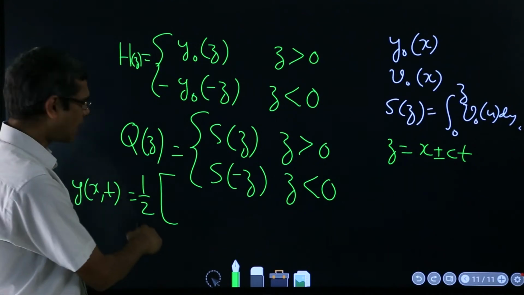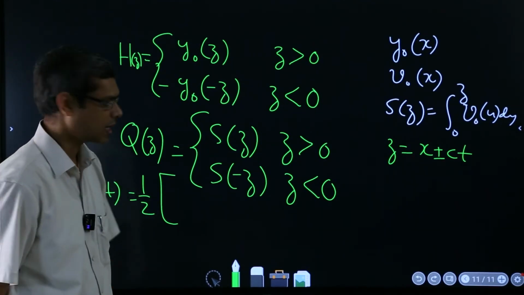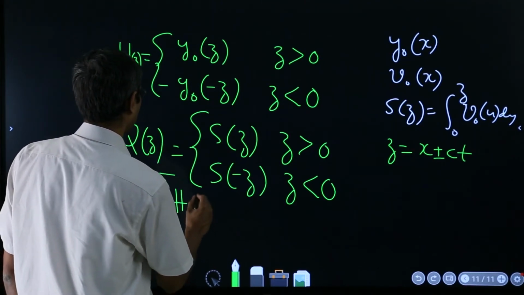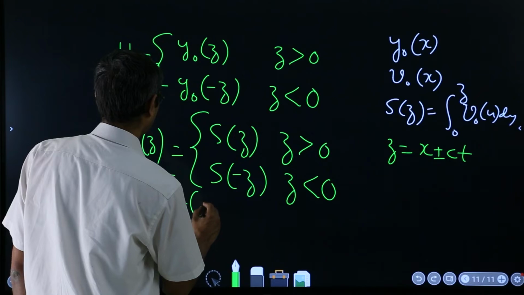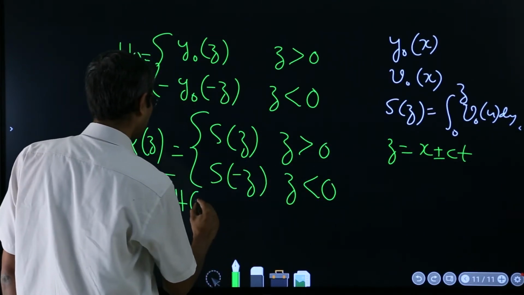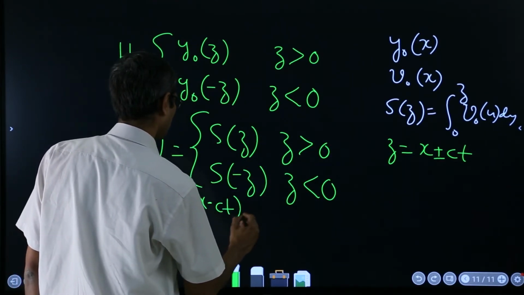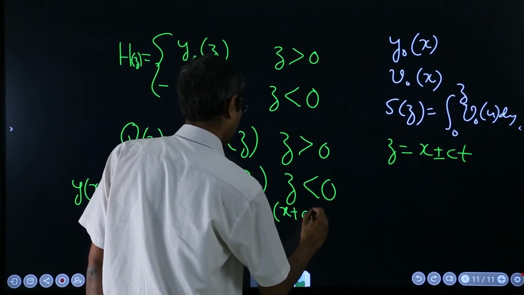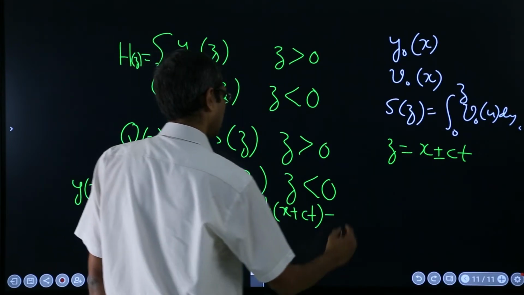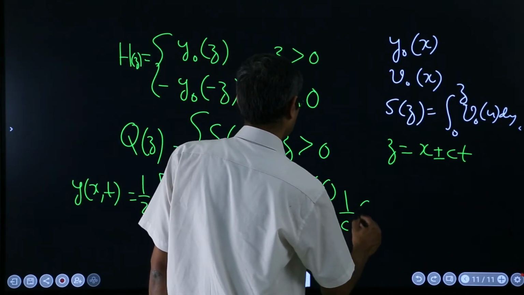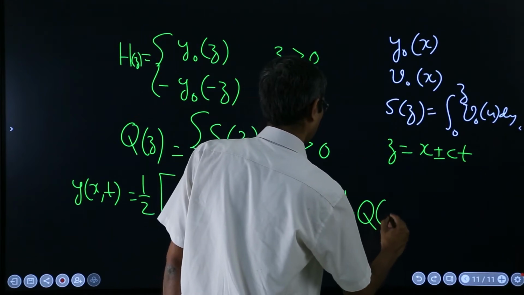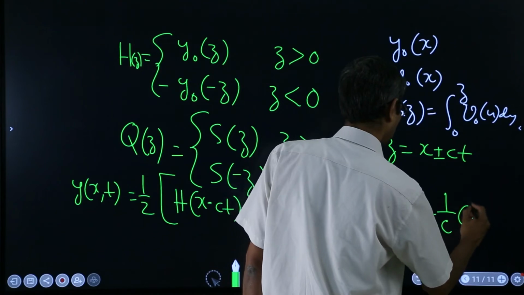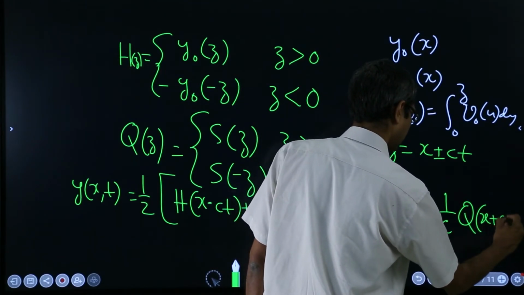So now you know what this half means and from where it comes, and then you have h of z, which you can replace with this: h of x minus ct plus h of x plus ct, minus 1 over c q of x minus ct plus 1 over c q of x plus ct.